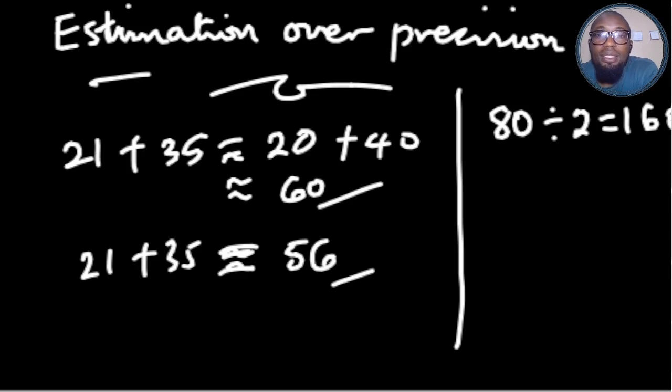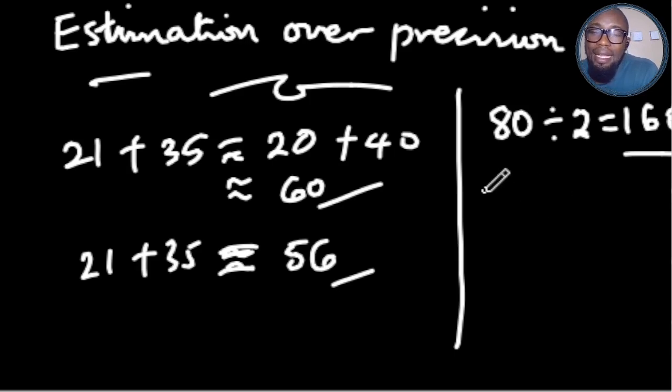Yes, but this is it. This person wrote 160 because why? Because the person saw 80 divided by 2, but the mind is doing otherwise, is doing 80 times 2.